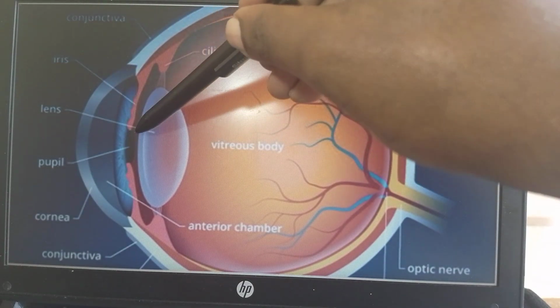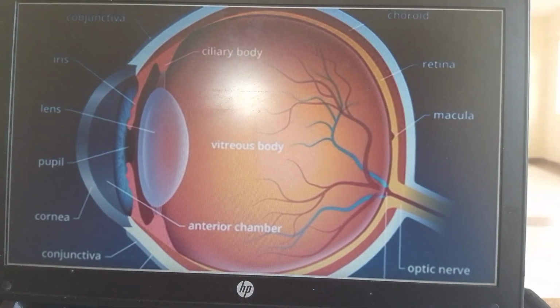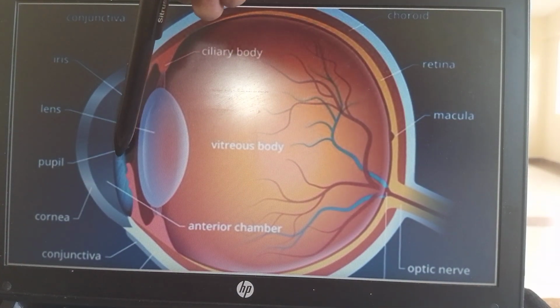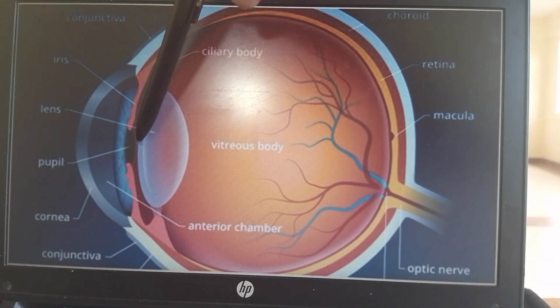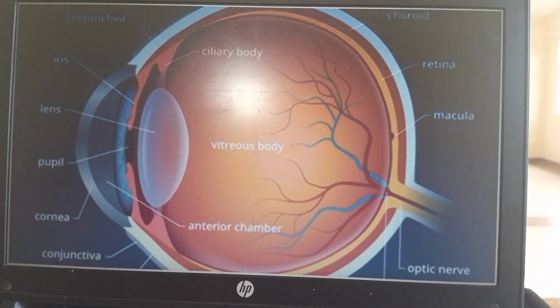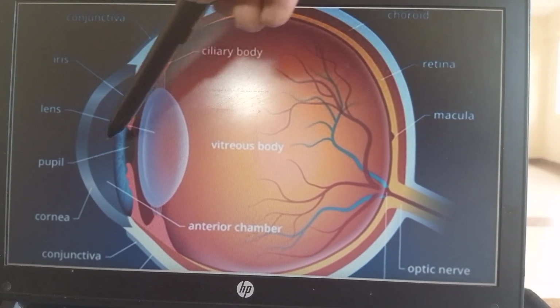Then we come to this point here. What you are seeing here is an aperture, which is an opening to the eye, and that's what we refer to as the pupil.